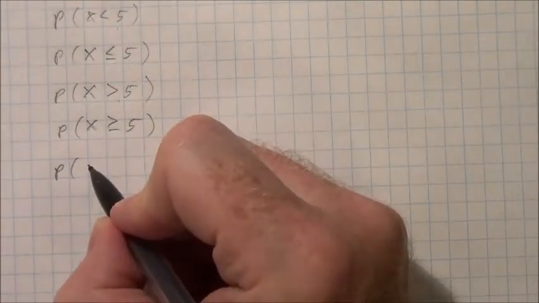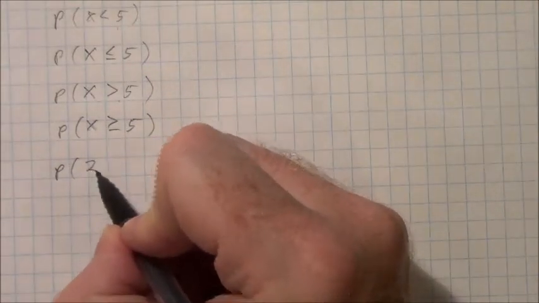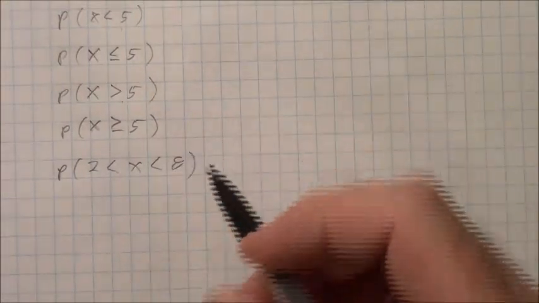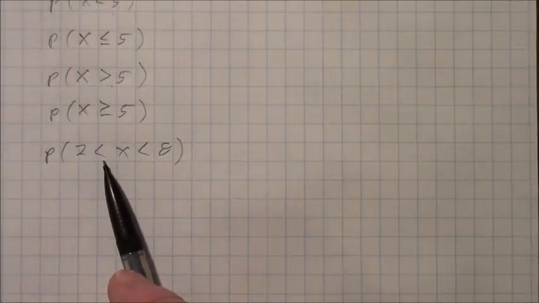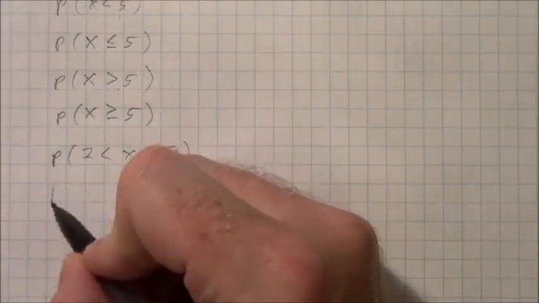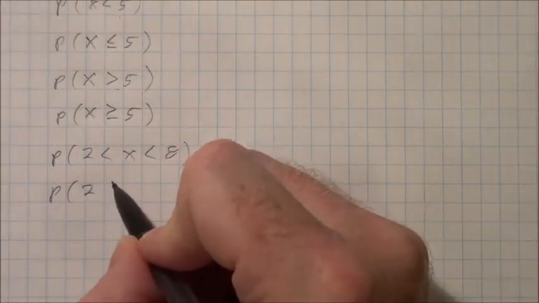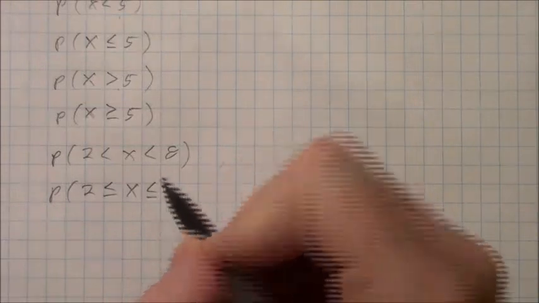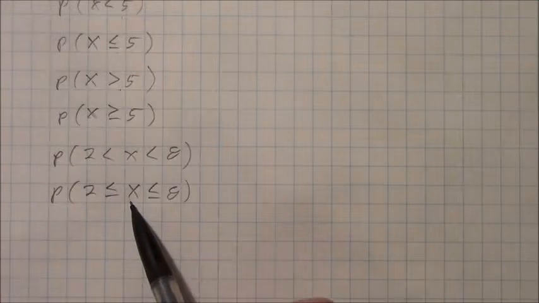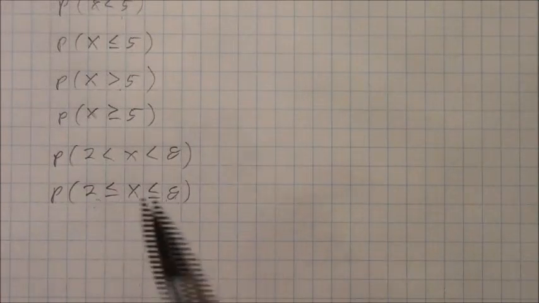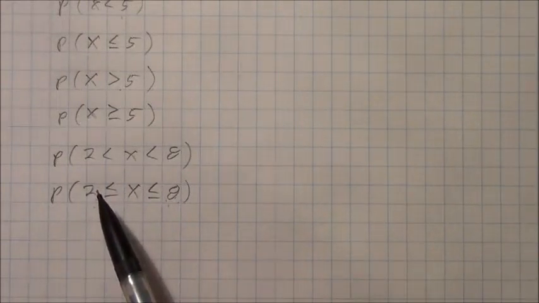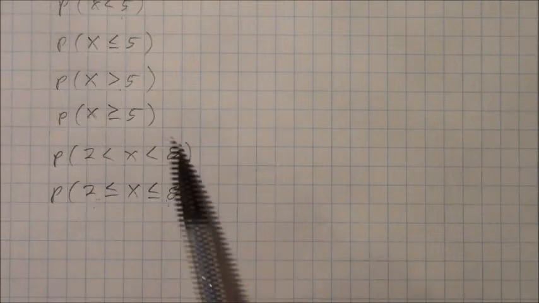Then of course we've got, say, 2 less than x less than 8, for example. And here we say the probability that x is between 2 and 8. And it can actually be written like that.